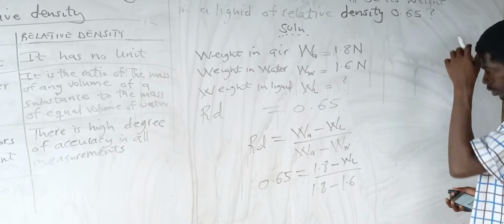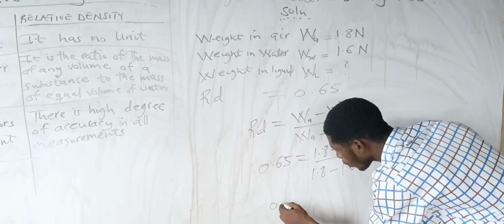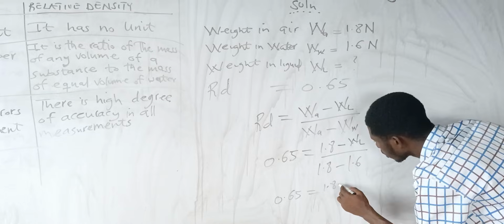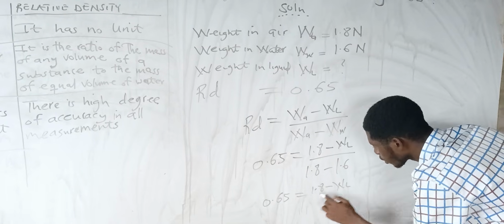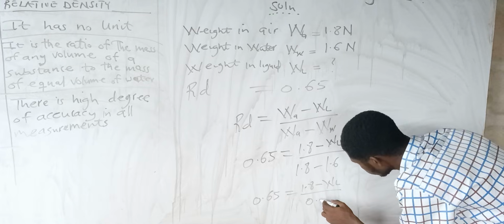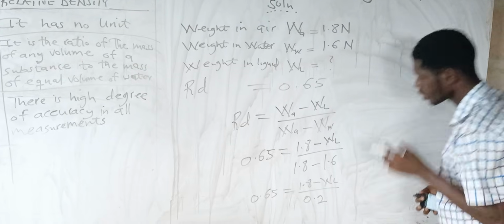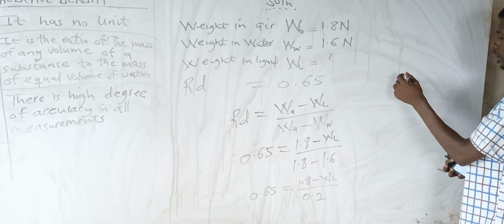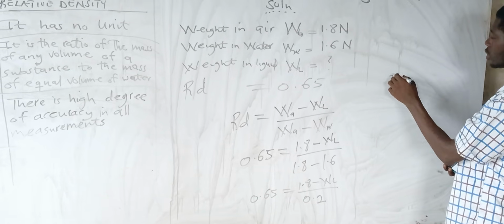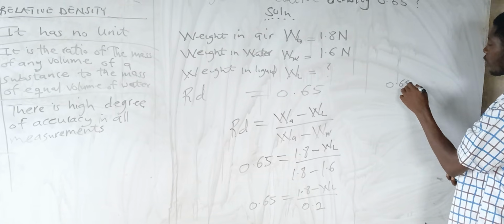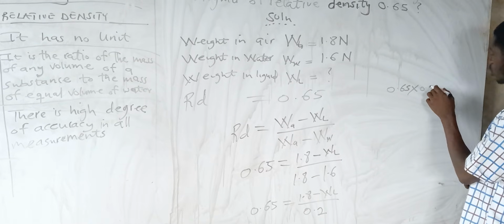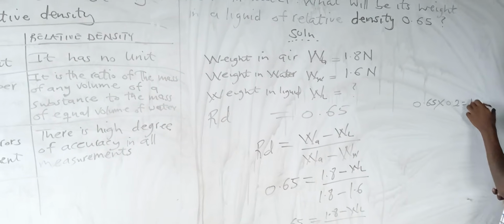So if you continue, you get 0.65 is equal to 1.8 minus WL over 0.2. I'm continuing from this side as well. So you get 0.65 multiplying 0.2.